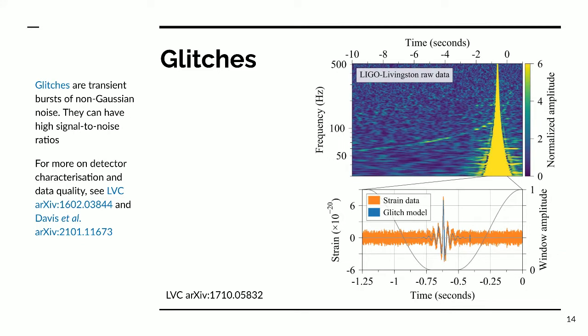To think about this, it's handy to take a step back for a second. One might naively think, okay, if we're doing two search analyses, the trials factor should be 2, so we get a false alarm rate that's twice as large as it would be otherwise. However, that only works if we're doing things which are completely independent.